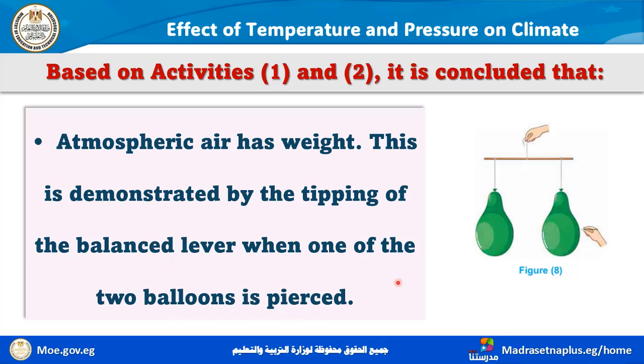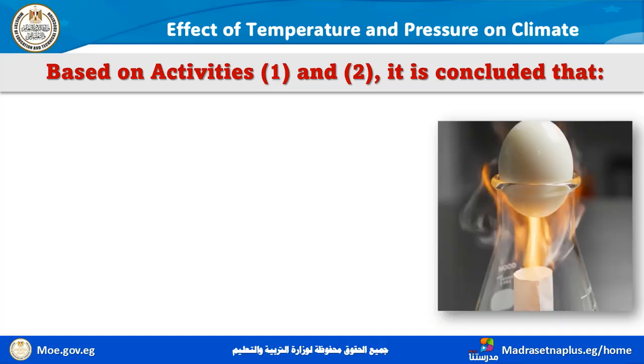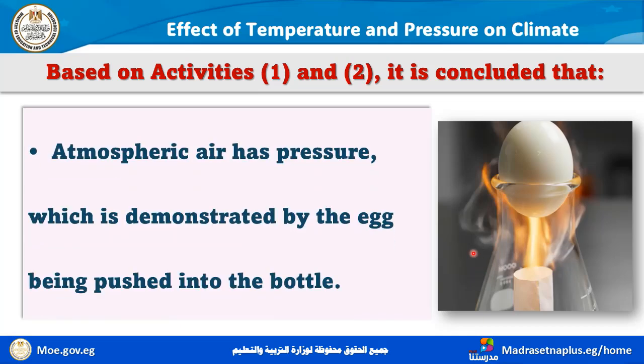So the atmospheric air has weight, and this is observed clearly when we pierce one of the balloons. In our second activity, atmospheric air has pressure, which is demonstrated by the egg being pushed into the bottle.